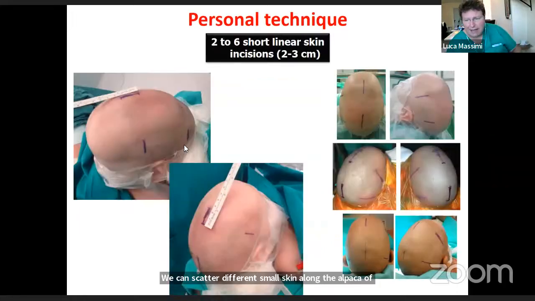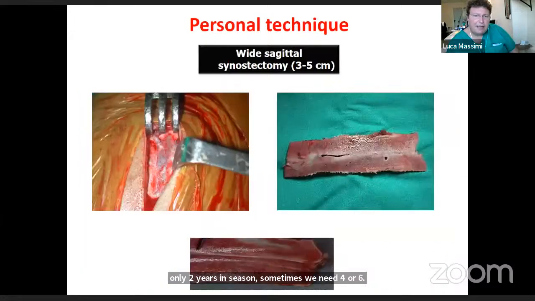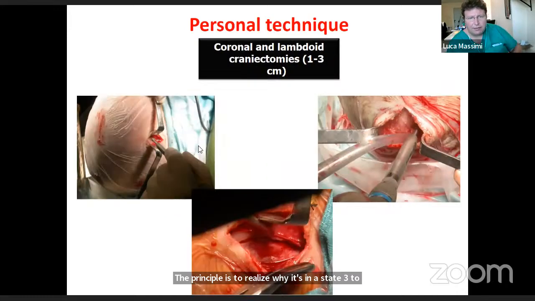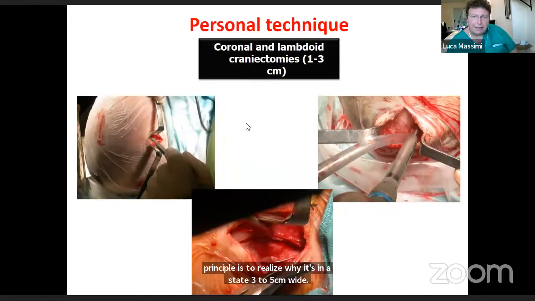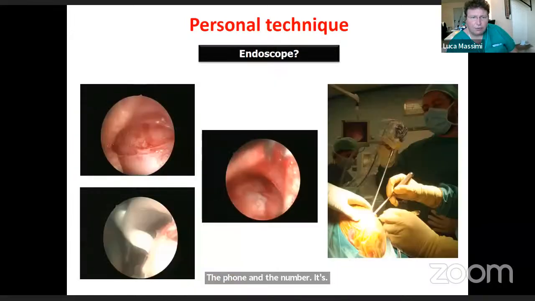and they may vary according to the characteristics of the baby. Sometimes we need only 2 skin linear incisions, sometimes we need 4 or 6. The principle is to realize a wide synostectomy, 3 to 5 centimeters wide, and of course to reopen with large linear craniectomies along the coronal and the lambdoid suture to perform an extraction of the bones and also a remodeling.